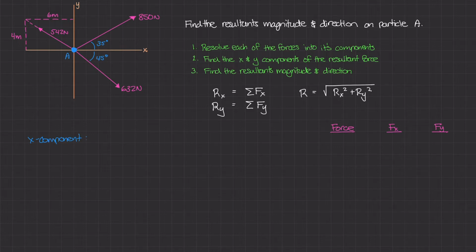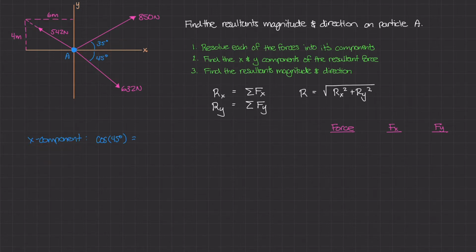So for the x component, the cosine of 45 degrees is going to be equal to, well, cosine is adjacent over hypotenuse, and if the x component is acting this way, I know that this is Fx for that force, and the y component is acting downward, so this is going to be Fy. We're particularly interested in this Fx component because that's what we're finding first.